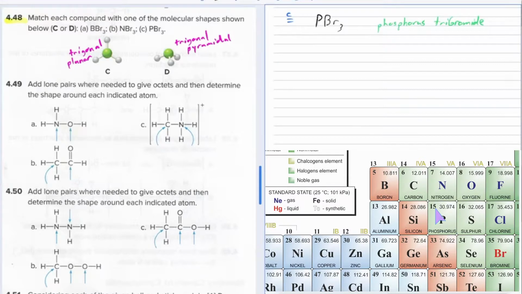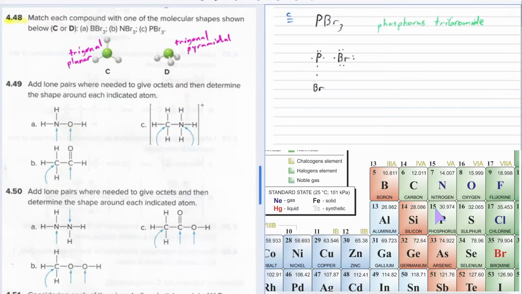So phosphorus is going to be very similar. This compound's going to be very similar. The Lewis structure of the molecule will be very similar to the last one because they're in the same group.